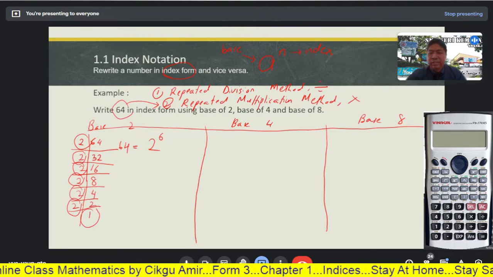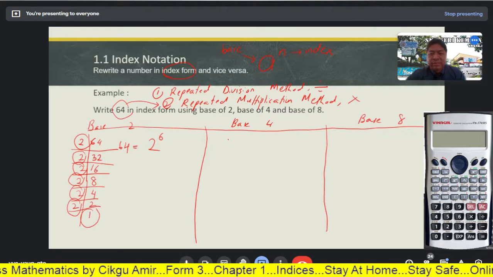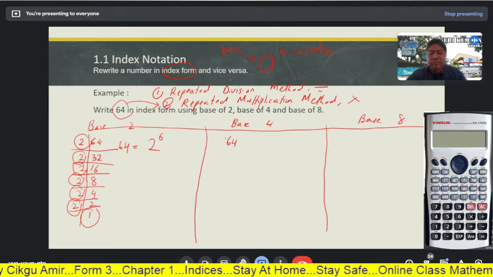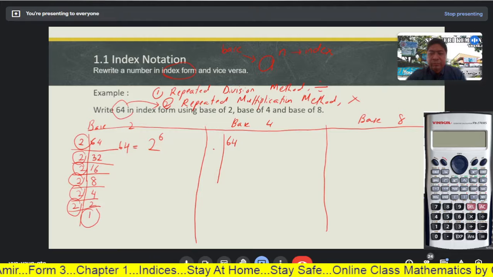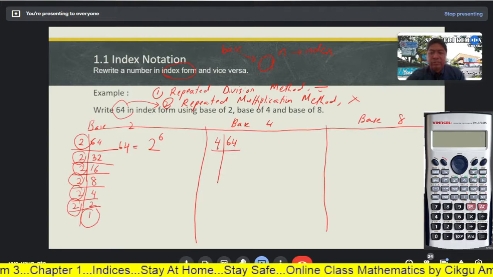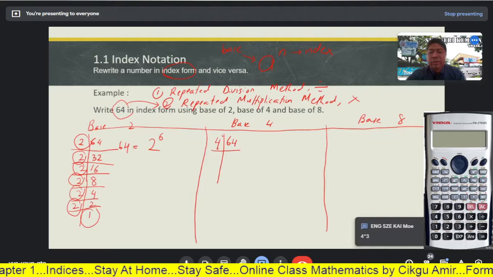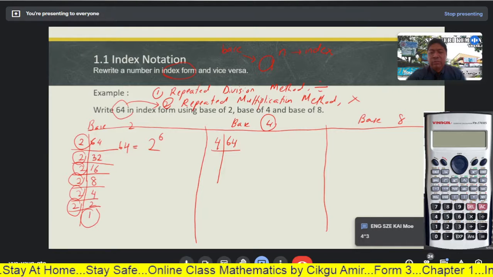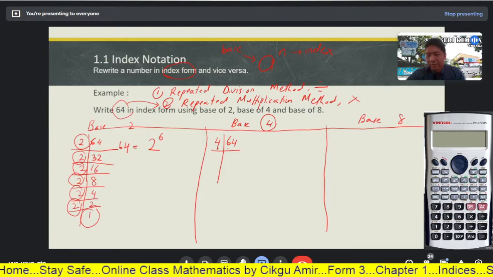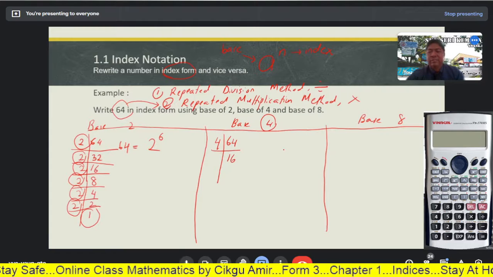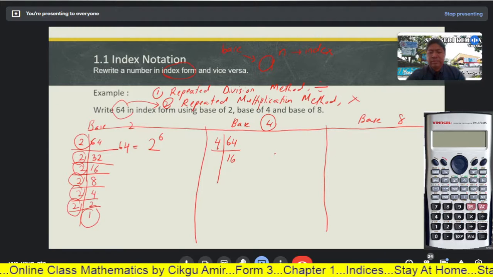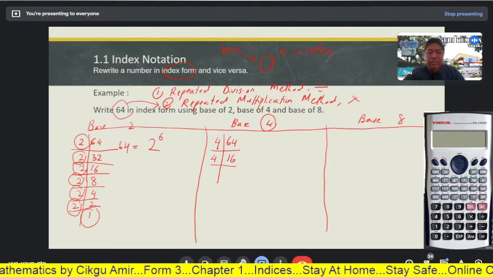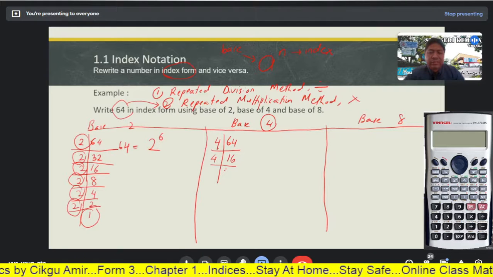Then we must divide 64 with 4. Why 4? Because we want to change to base 4. 64 divided by 4 gives 16. Divide again with 4: 16 divided by 4 is 4.